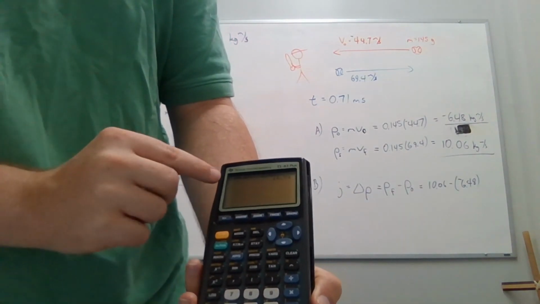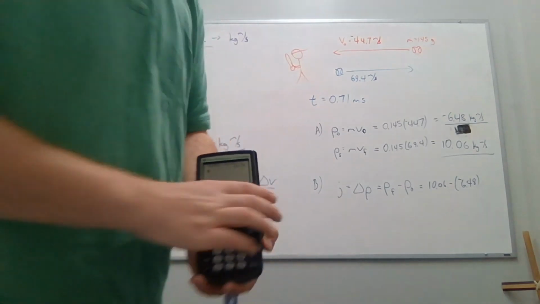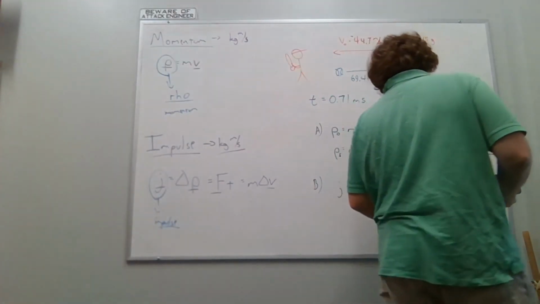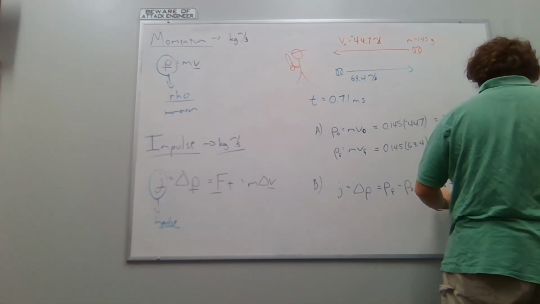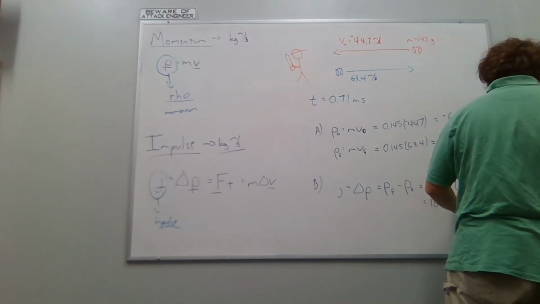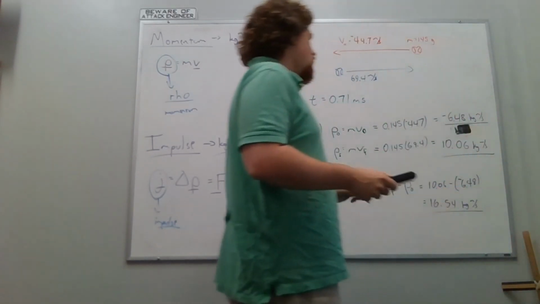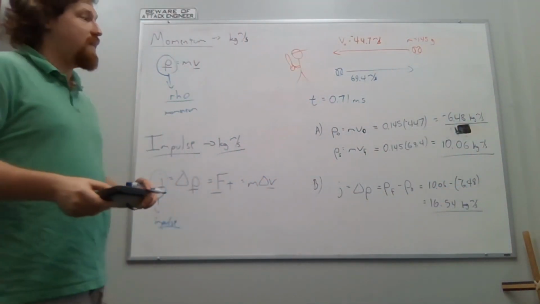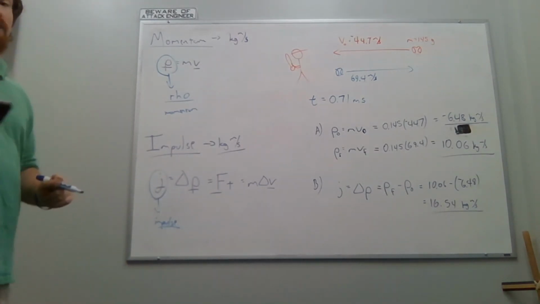That's going to tell us the impulse of the baseball is 16.54 kilogram meters per second, which is a lot. That is a lot. We'll show that that's a lot when we look at part C.